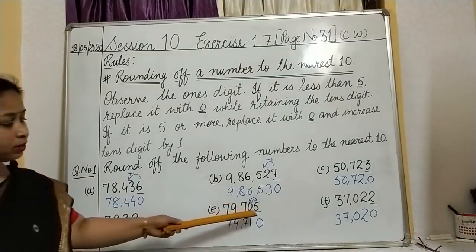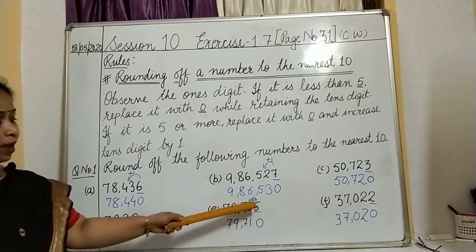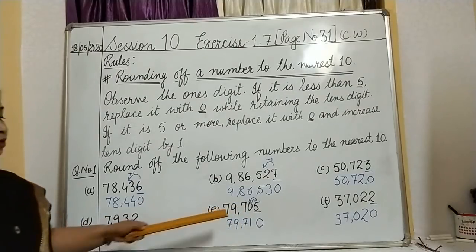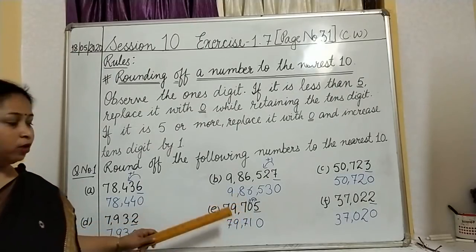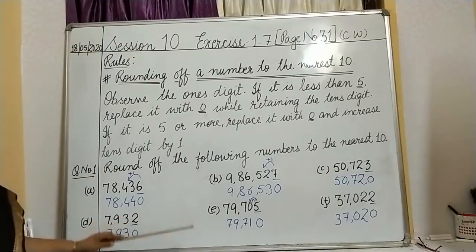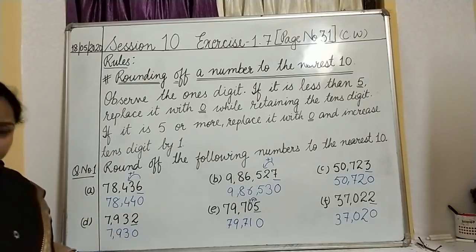Question number E, since 5 is present, we will replace this 5 with 0 and add 1 to the digit which is at tens place, right? So all the questions you are going to do it like this in the book itself. Okay, let us move on to the next question.